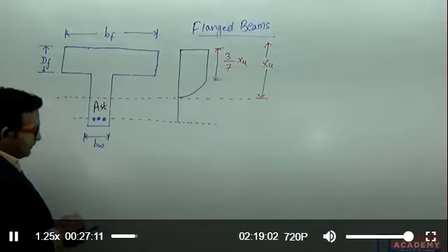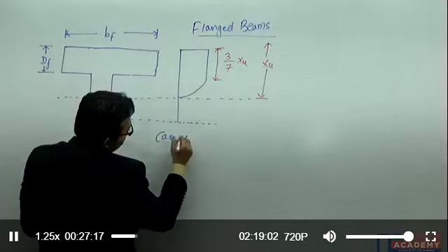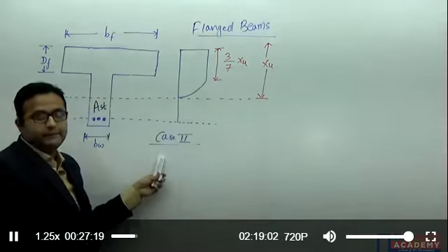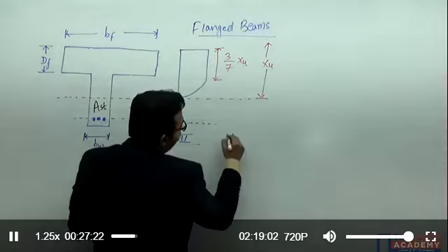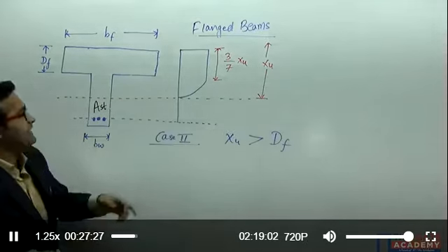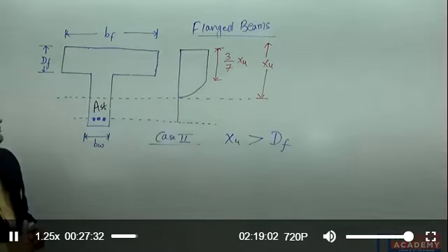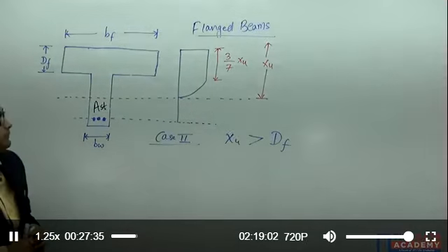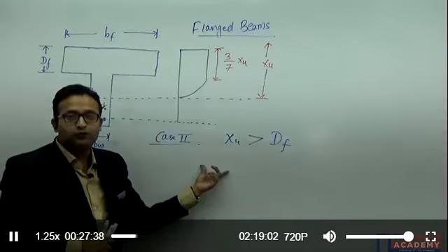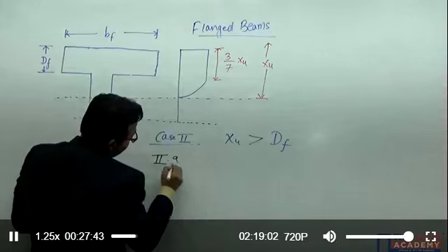So one conclusion I can make here: this is my case number 2, where the depth of neutral axis xu is greater than the depth of flange. You can see here your depth of the neutral axis is definitely greater than the depth of flange. Now there is one subcase, 2A.